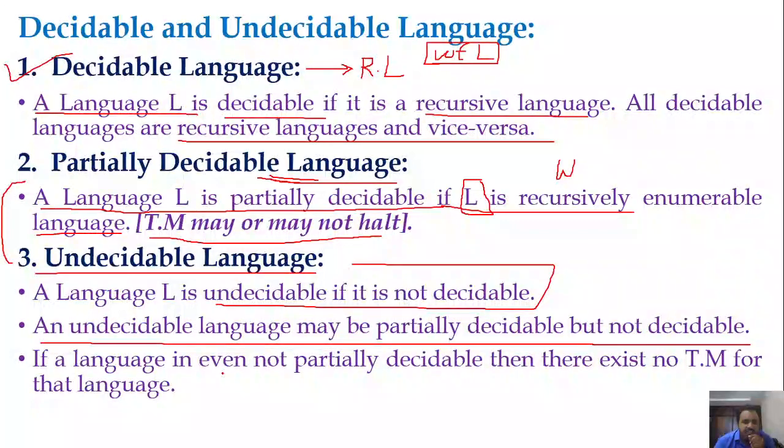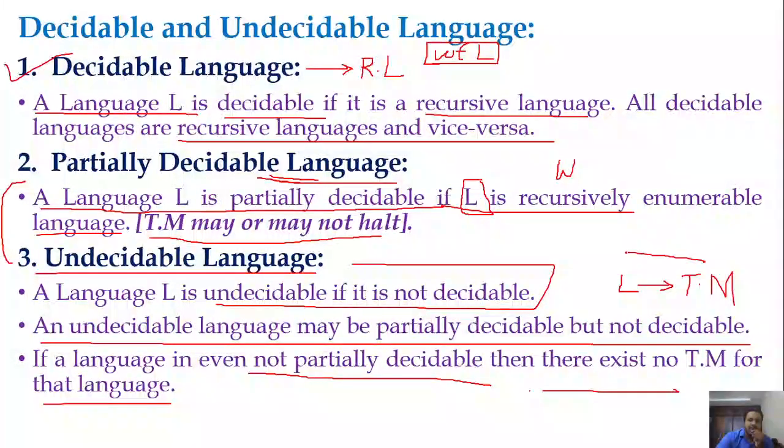If a language is not even partially decidable, then there exists no Turing machine for that language. When we cannot construct a Turing machine for a particular language, it is considered an undecidable language.